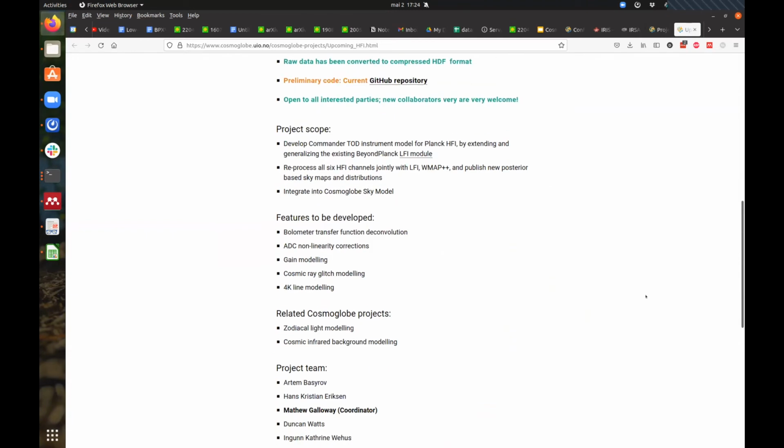And so we're looking right now to get some sort of long-term funding to support the number of person hours that it will require to do this full analysis. But certainly we would love to have people who are interested in HFI who want to do various either systematic modeling or things like that involved. So if that's something that interests you, please feel free to contact me.